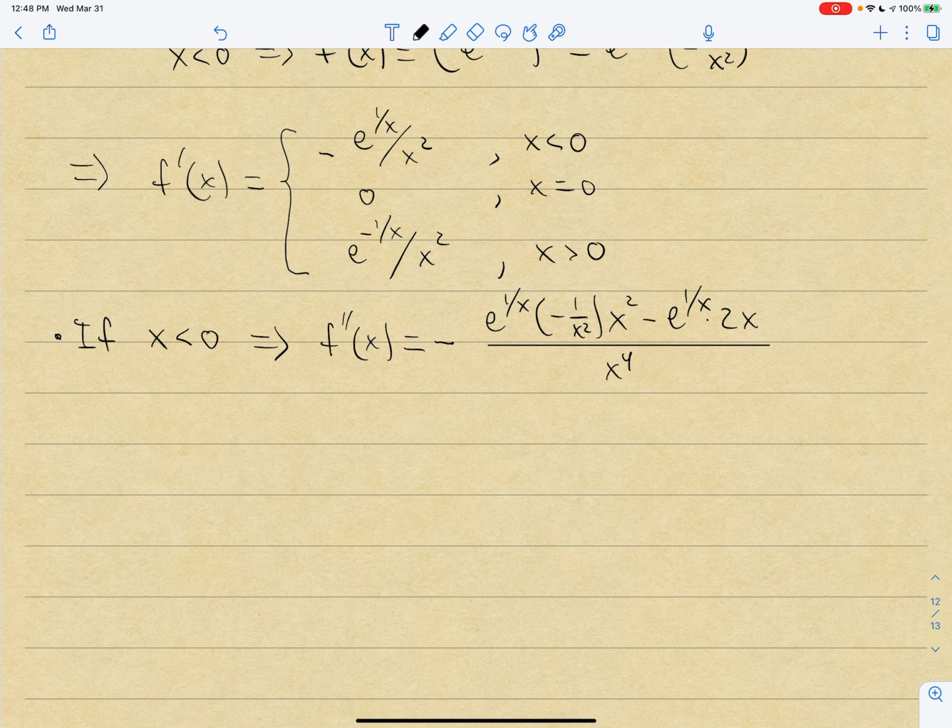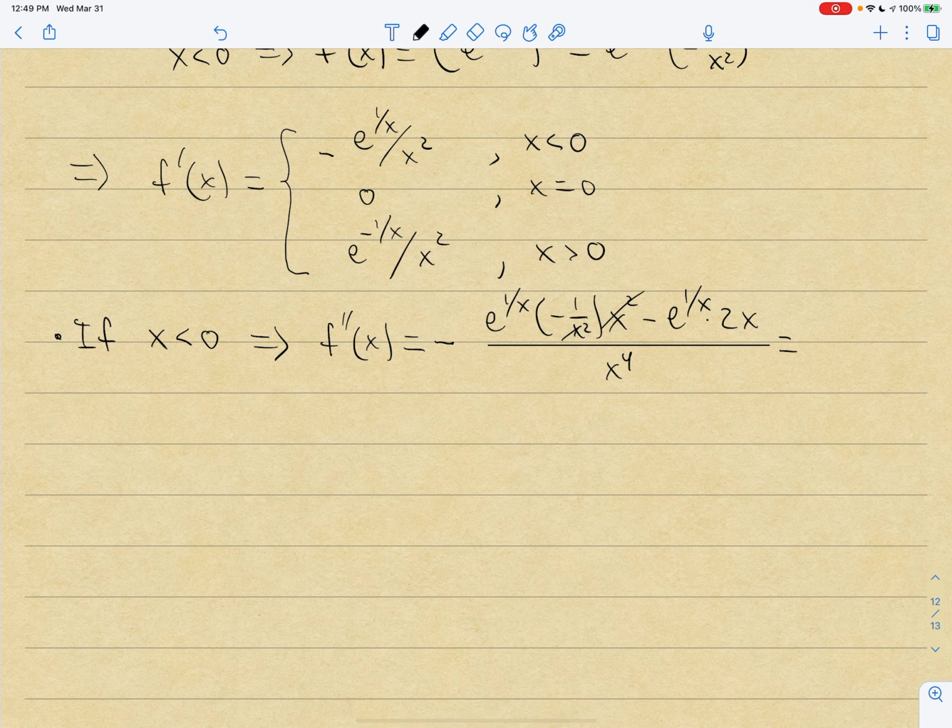And we actually can simplify this a little bit. X squared cancels out. And then the minus signs I can pull out, and they will cancel with the minus sign up here. And e to the 1 over x I can factor out.